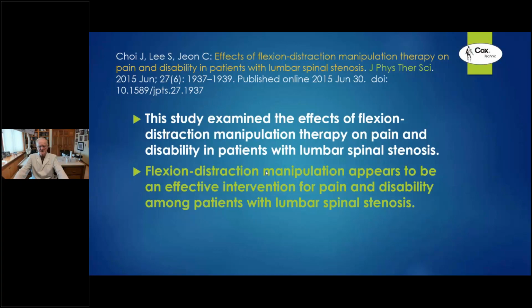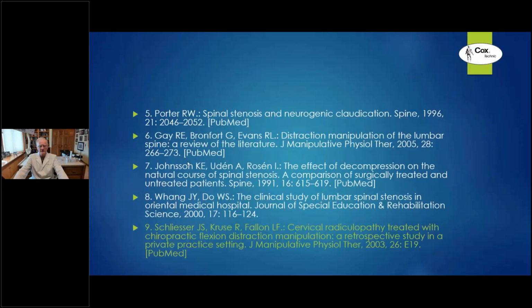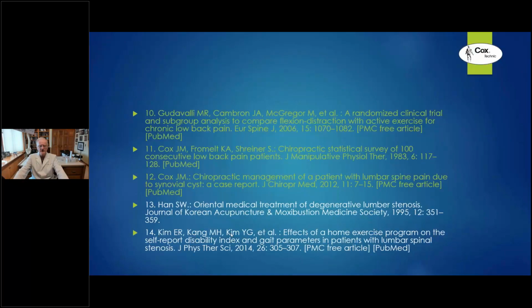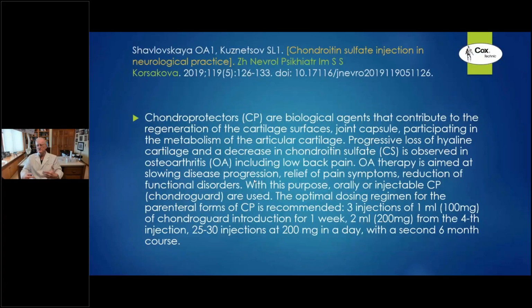The references in these papers, if you look, you'll see the papers we were talking about are referenced. Gay, Schlieser, and Ralph Cruz, who did the work on cervical spines, Gudavalli, myself. We are the source of many of the references in papers using our work today. This was another study on chondroitin sulfate injection.